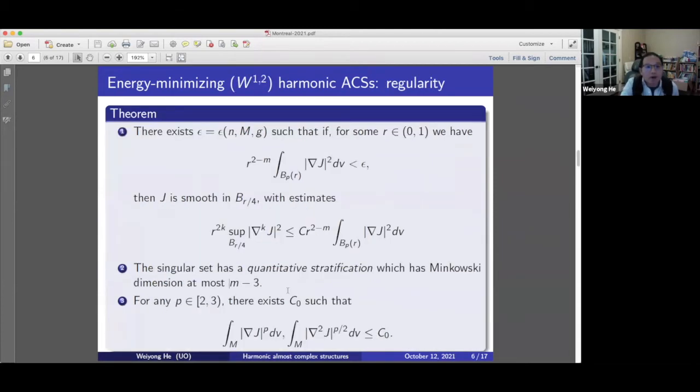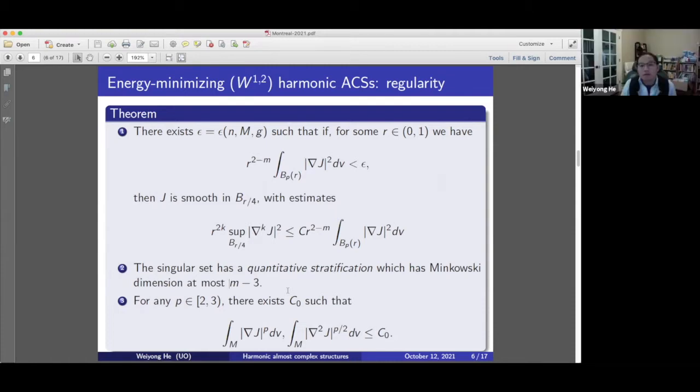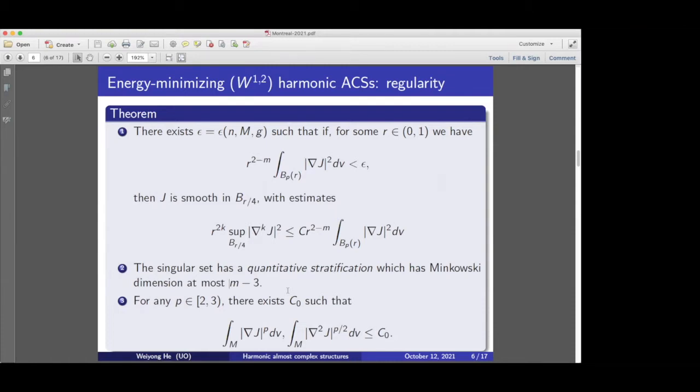The second one will be to study the energy minimizing harmonic ones. Weiyong, this is Claude. I'd just like to make a comment. You mentioned almost Kähler anti-self-dual four-manifolds, and you were saying that you can easily cook up anti-self-dual four-manifolds by gluing, but usually they're not almost Kähler.